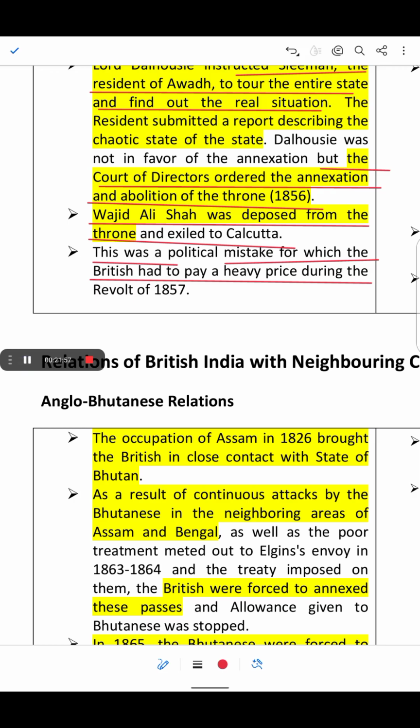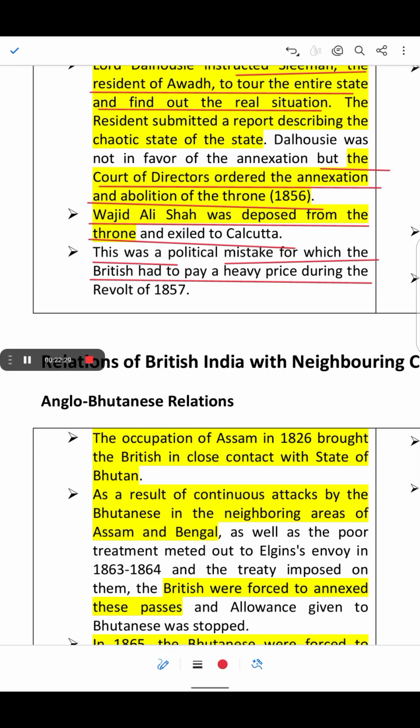But this action of the British was considered a mistake, because the people of Awadh were angry at the British for removing their ruler, and this was one of the reasons why Awadh played a major role in the revolt of 1857 against the British. So the British had to pay a lot for the removal of Awadh's ruler.